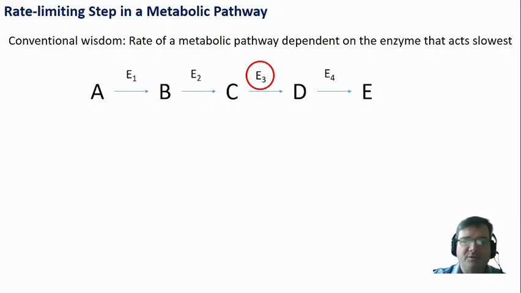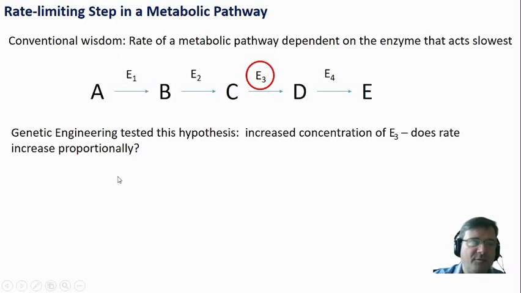So this is what happened. And this happened until really genetic engineering came along, and we could start playing around with the genes that control each one of these enzymes, and we managed to upregulate, or express at higher concentrations, enzyme 3. So genetic engineering allowed us to test this hypothesis, and what we did was we increased E3, and what was predicted from our conventional wisdom was that the rate of the production of E would increase in proportion to the increase in E3.